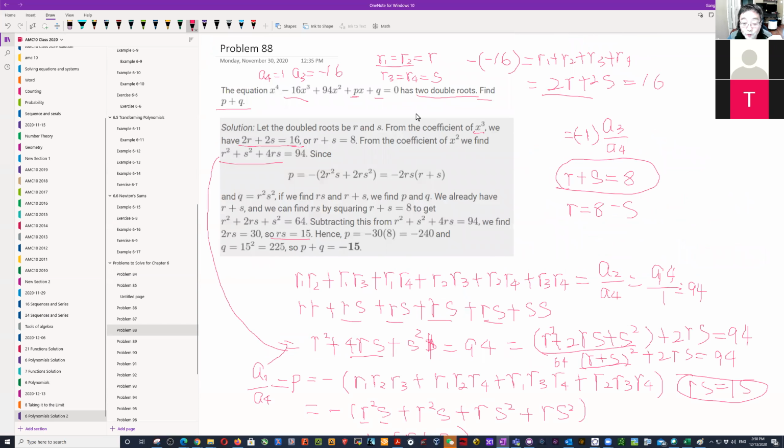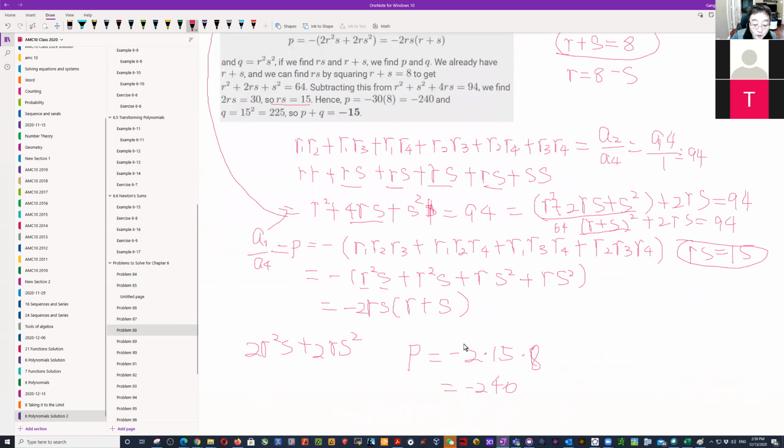And then we are able to find P. P basically is much easier. P is actually just the product, continuing on the symmetric sum. So P is equal to root 1 times root 2 times root 3 times root 4, which is R square times S square, equals RS square.